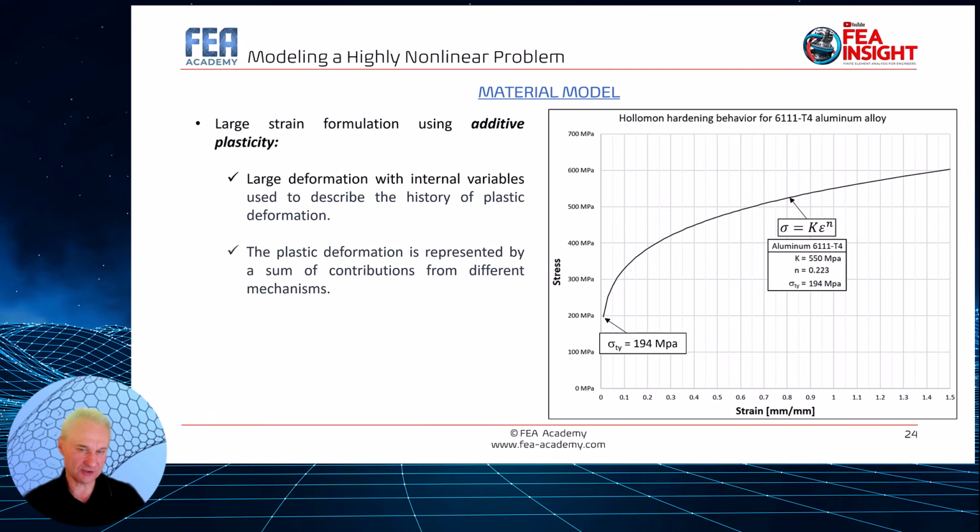About the isotropic and kinematic hardening, I'm not going to explain that in detail in this workshop, but keep in mind that it is presented in detail in the FEA Academy Nonlinear course, which is available on the FEA Academy website.